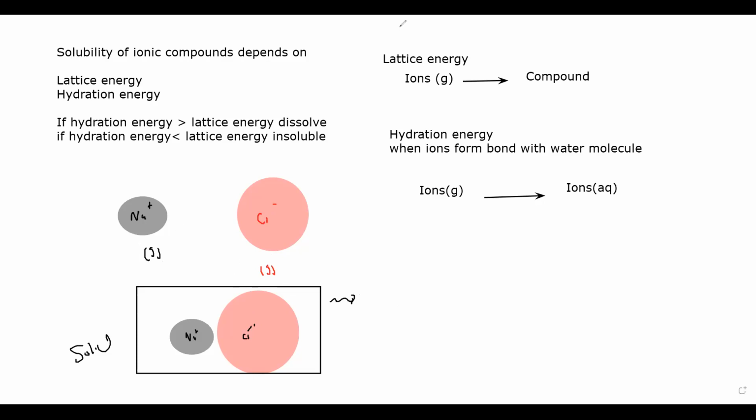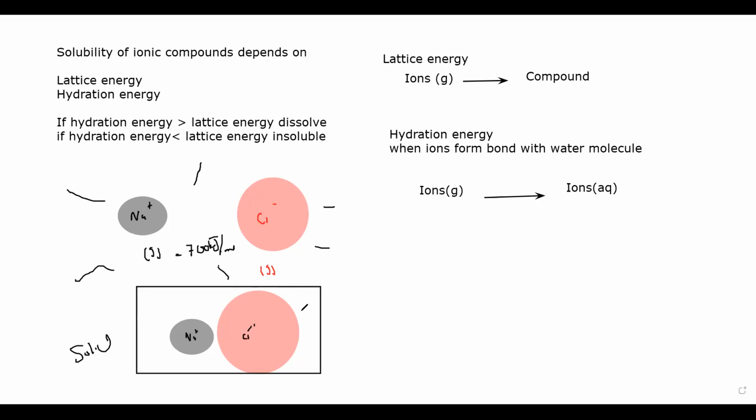So when these ions come closer and form a bond, they release energy. For example, the overall energy released in this case is say 700 kilojoules per mole. So negative 700 kilojoules per mole, the negative sign shows it is exothermic.